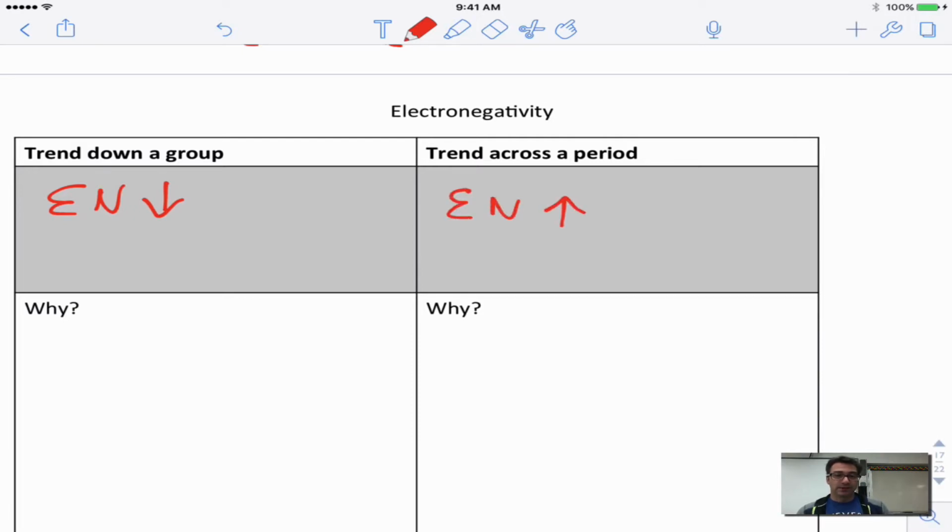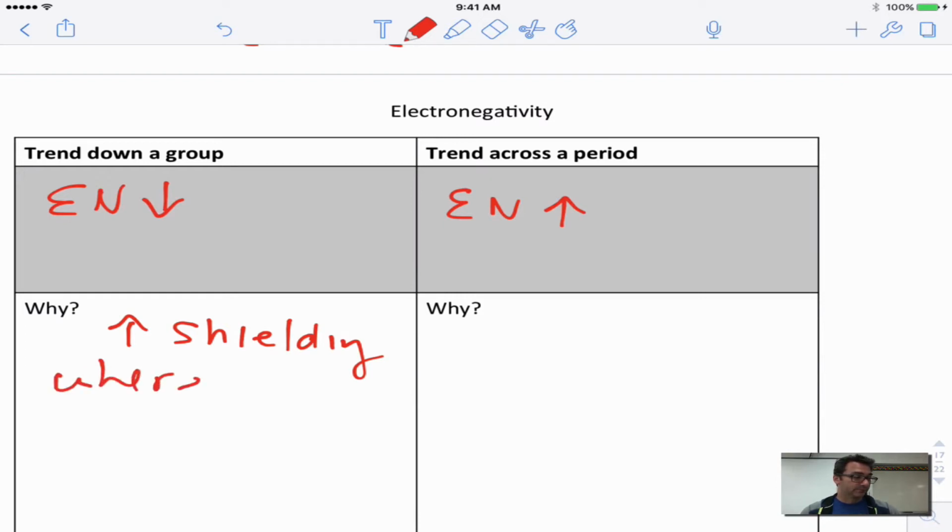Now, why do we have electronegativity decreasing? Well, the same reasons that we had it for ionization energy. You have an increase in shielding, and you also have the Zeff staying constant.